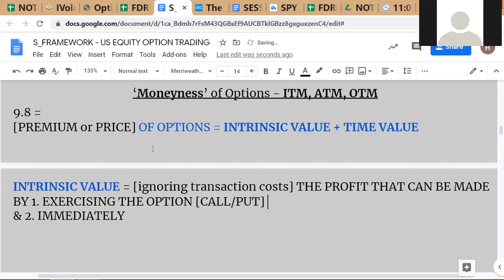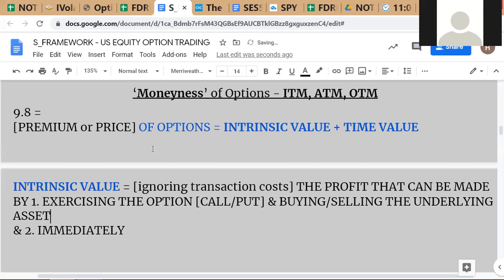By exercising the option, you are buying or selling the underlying asset. Okay, this is what happens when you exercise the option. In the case of a call, you buy the asset. In the case of a put, you sell the asset.